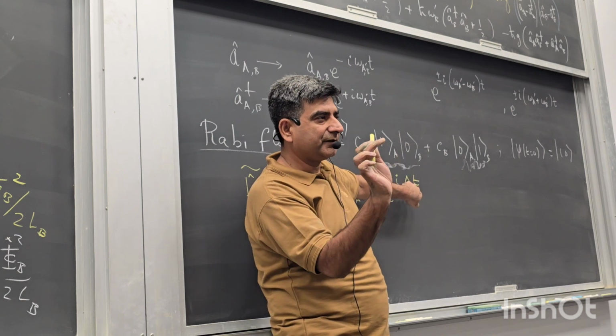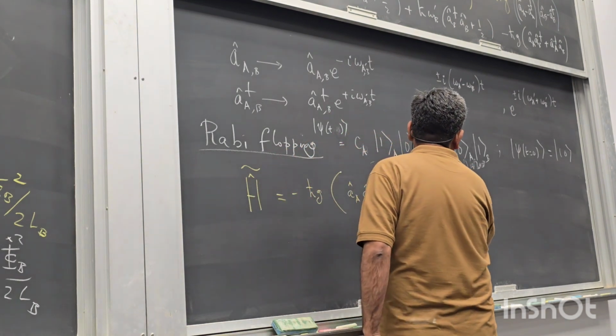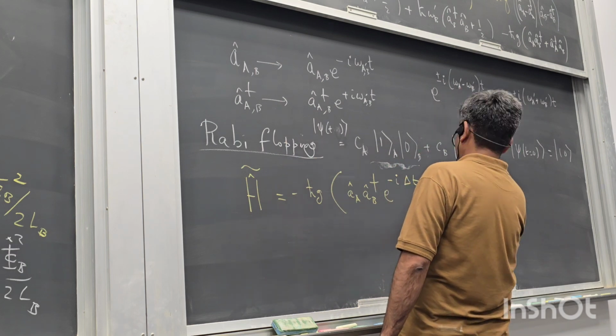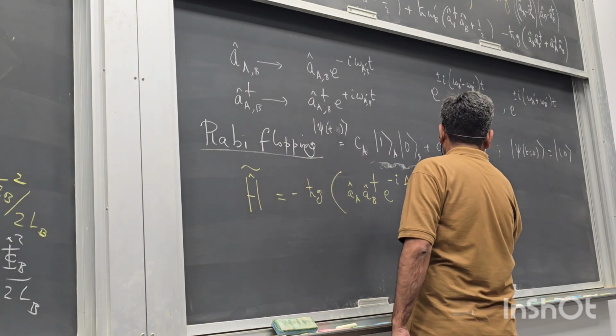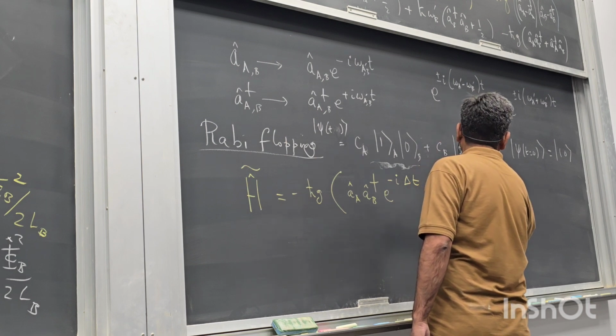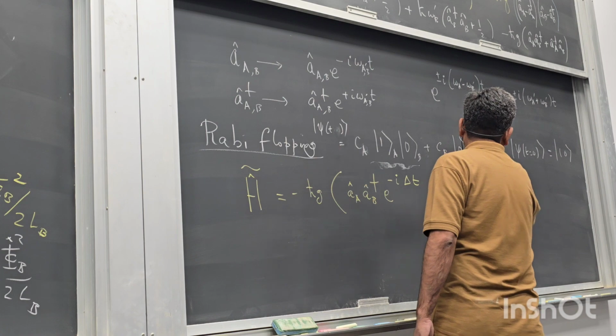It's a difference in frequency, in the nominal frequencies between the two oscillators. Plus a b dagger, e to the plus i delta t.